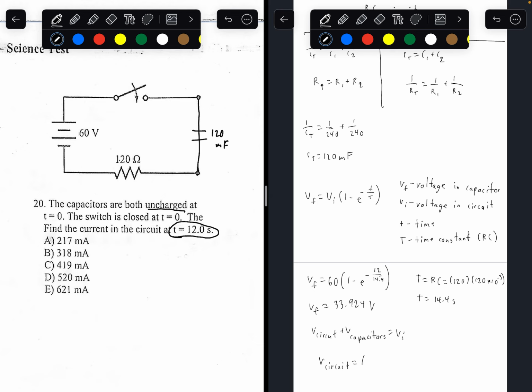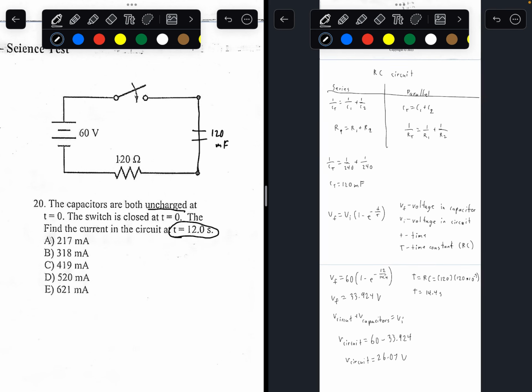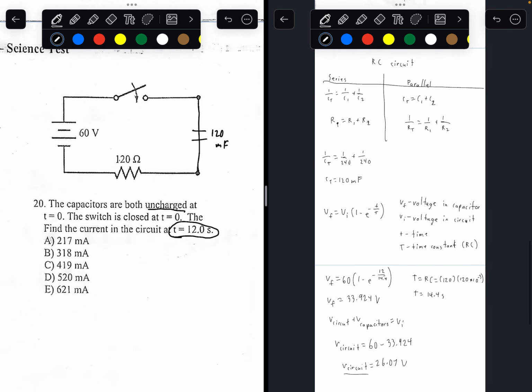The initial voltage was 60, and the voltage in the capacitors was 33.924 volts. So 60 minus 33.924, you get the voltage in the circuit, which would be equal to 26.07 volts. So that's the voltage in the circuit.